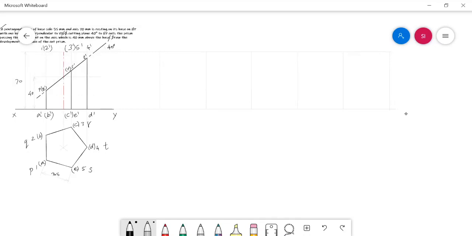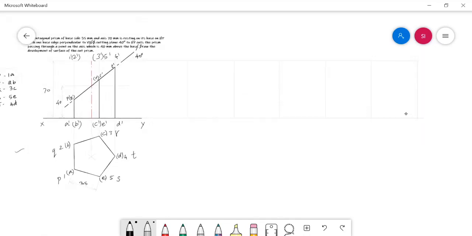Just completed drawing the uncut solid development. The edges are A, B, C, D, E, and it should end with A. Similarly, in the top 1, 2, 3, 4, 5, and should end with 1. So I just developed the uncut solid.